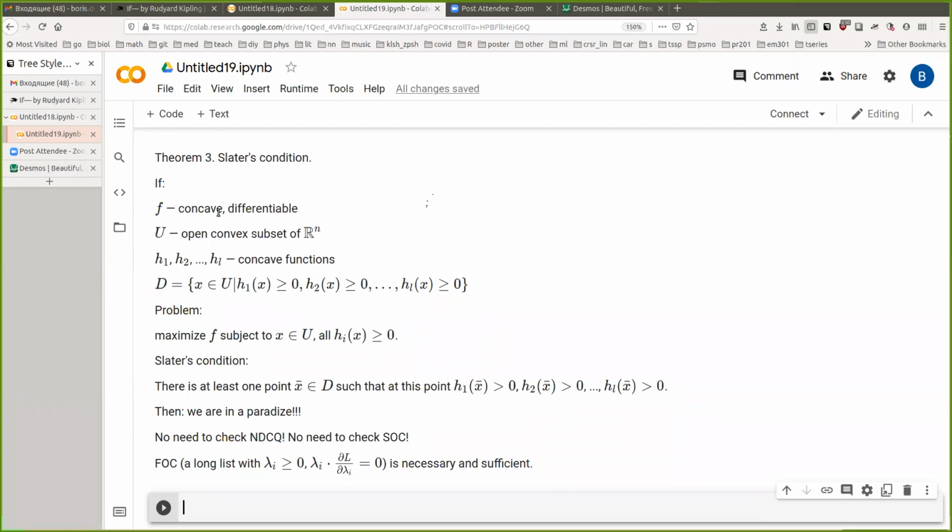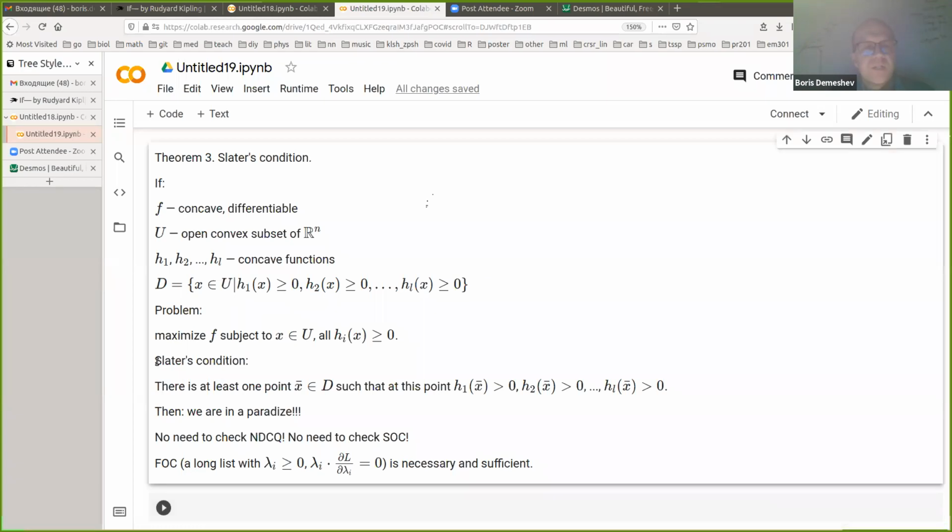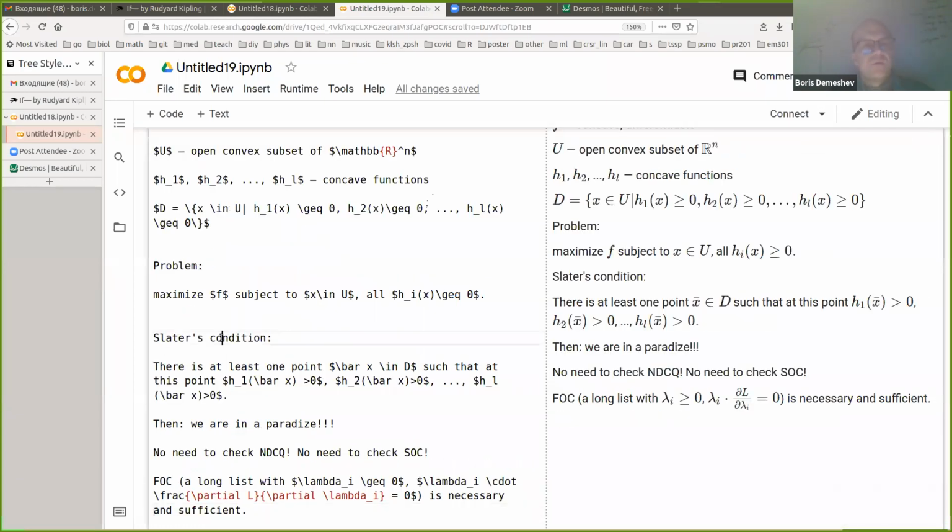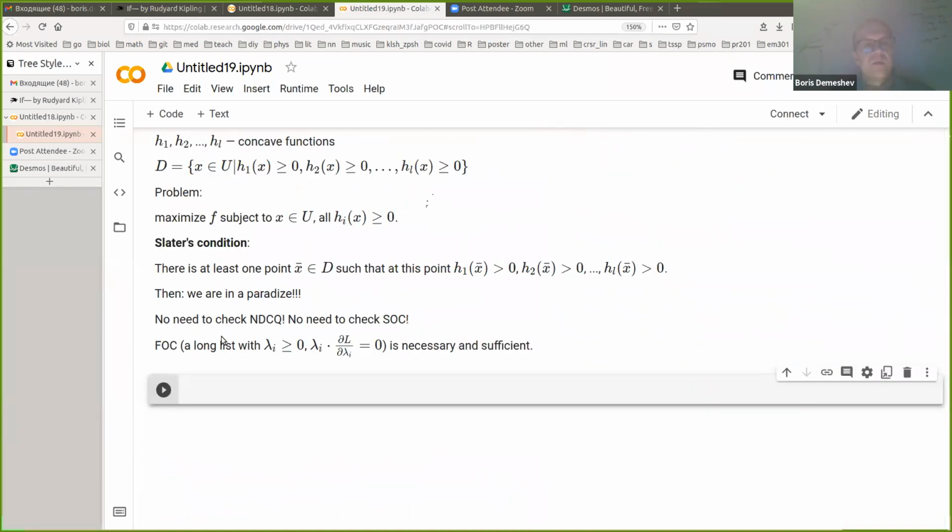We have a concave function, open convex subset, concave functions used as inequality constraints. We need to maximize f subject to these constraints and maybe some additional open set constraint u. And we have a special Slater condition. Maybe it's better to make it in bold.